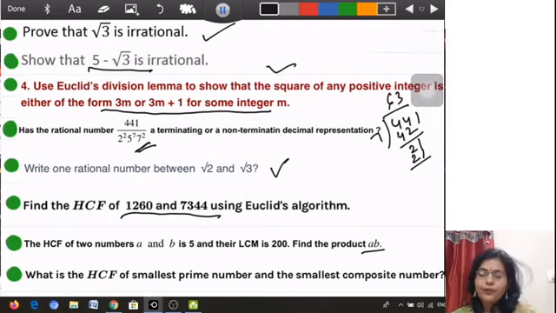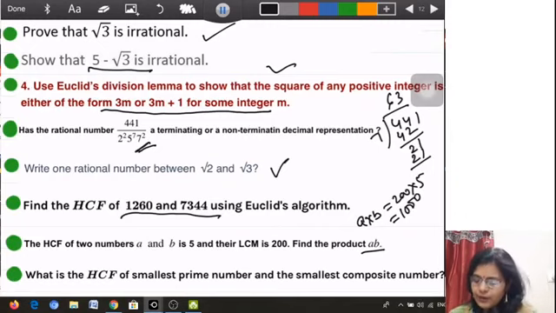Find the product AB. You know the golden rule which was taught to you: HCF into LCM is equal to the product of the two numbers. So you will solve it in this way: A into B is equal to 200 into 5, and you will get 1000.